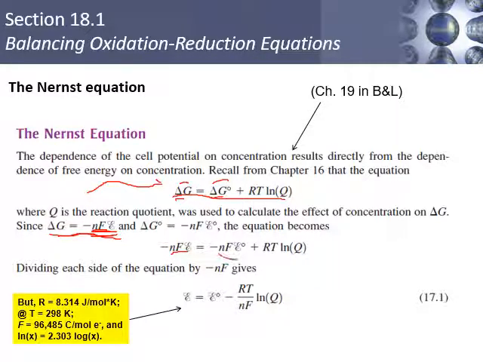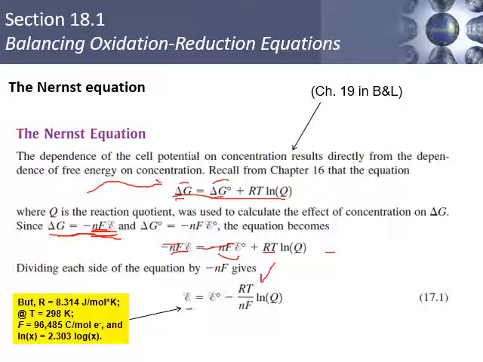Then, to get it into a more usable form, we divide through this entire equation by minus NF, which means that this part will disappear, and this part will disappear, and over here we end up with a denominator of minus NF. In other words, we wind up with this thing here at the bottom.